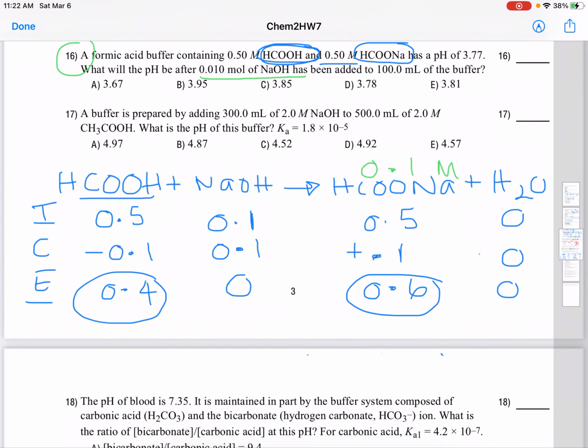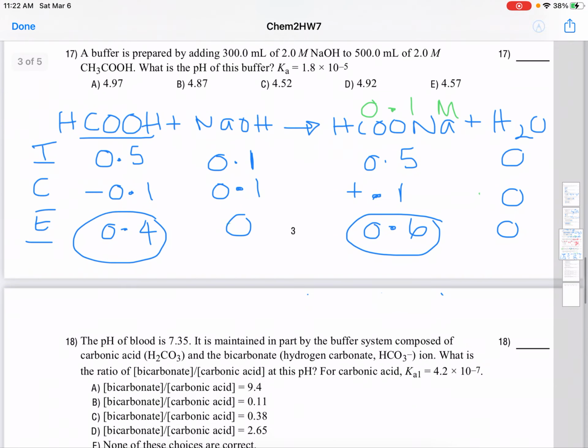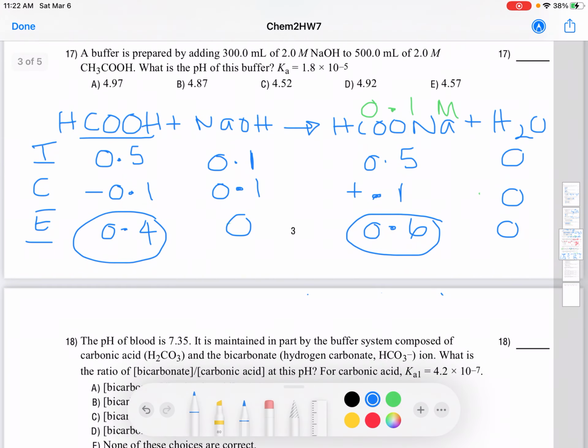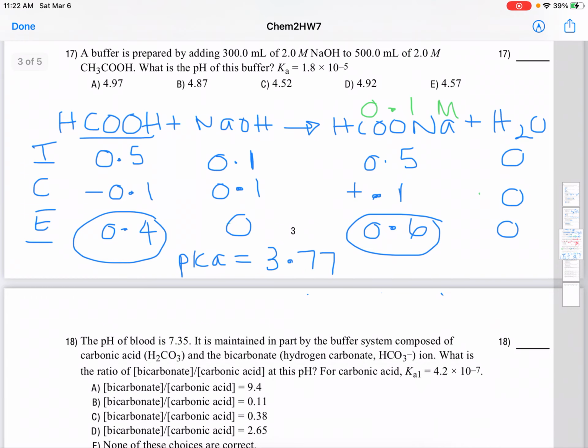It is 3.77. Ka is 1.7 times 10 to the negative 4.